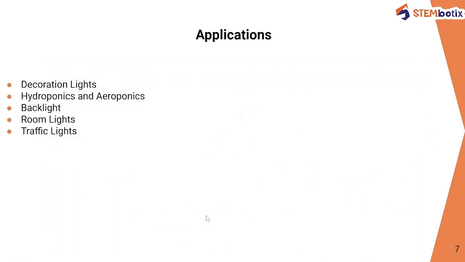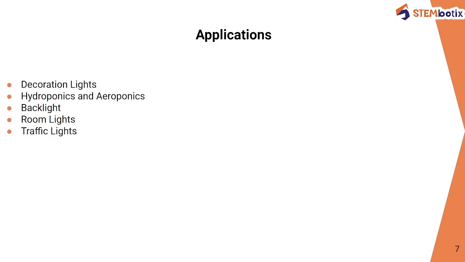Let's see applications of RGB LEDs. We can see them in decorations for festivals like Diwali and Navratri, where RGB LEDs are used to decorate functions. We are familiar with these RGB LEDs.